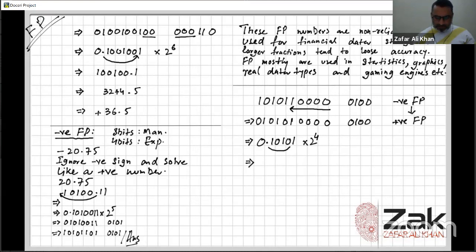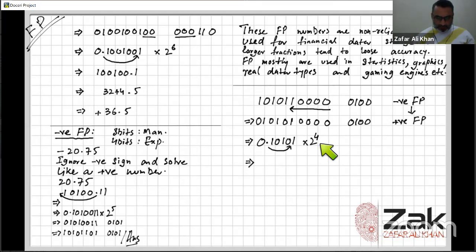And then in order to dissolve this standard form, we will bring this point towards the right, not all the way, but by 4 bits: 1, 2, 3, 4. So this would become 10101, that is 1010.1. So this is your number in fixed form.